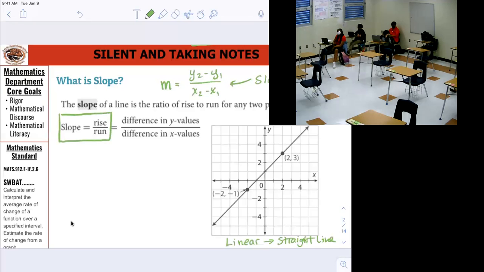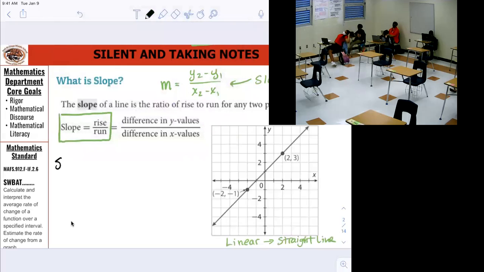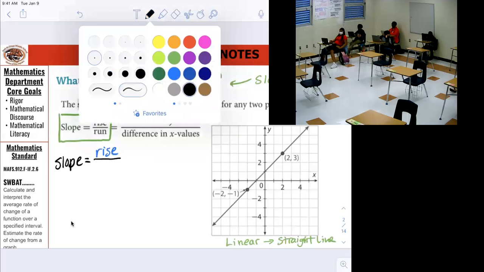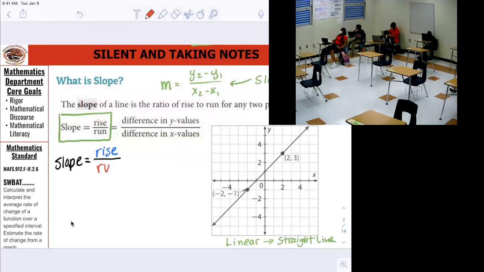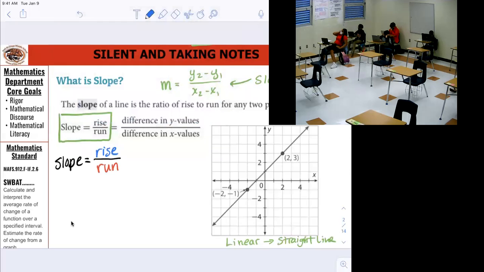On this graph, I have 2 points. They've labeled them for us nice and easy, and I see them clearly. So I'm going to set up this little formula, slope equals rise over run. I'm going to color code everything just to make it very clear. What rise and run mean is that I want to connect these two dots, but I want to do so by making a triangle.